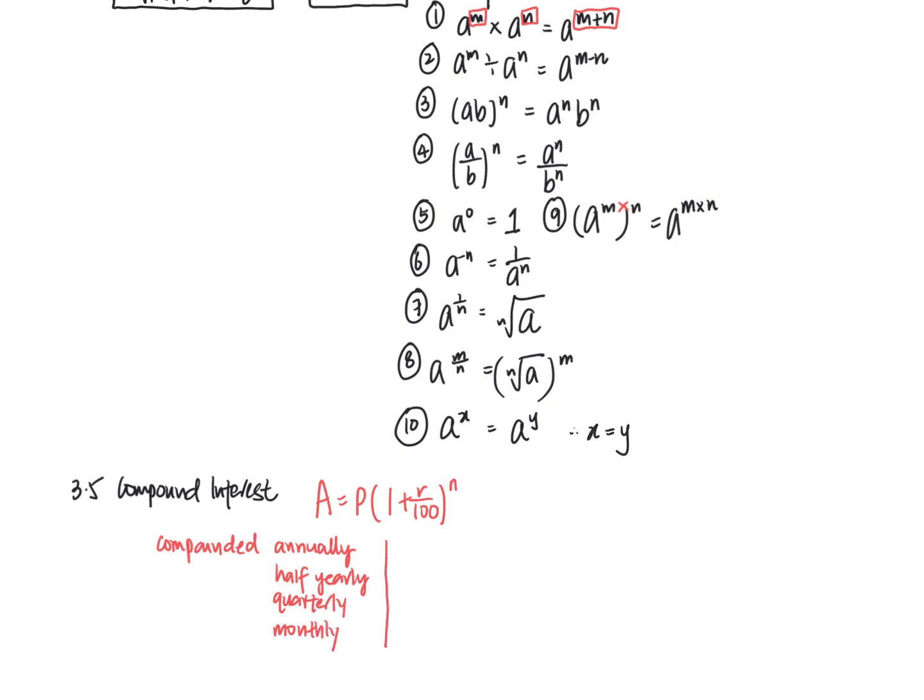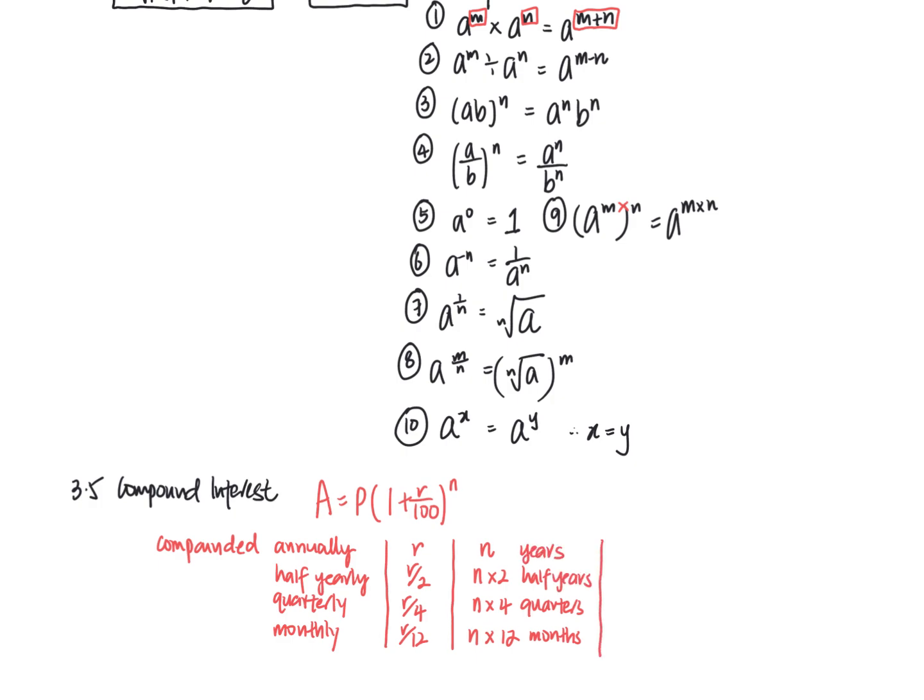So when it's annually, you will just apply the rate to be R. Half yearly, you halve it. Quarterly, you divide by 4. Monthly, you divide by 12. And then the time period will be n years, n times 2, n times 4, n times 12. So this one tells you the total number of months, quarters, half years, and years.